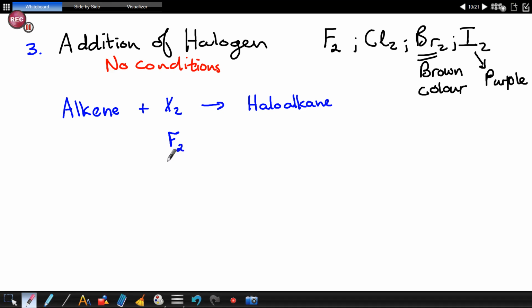Fluorine. Okay. And the alkene you want to use? No, this is halogenation. Propene. Like that. Is that propene? So what will form?